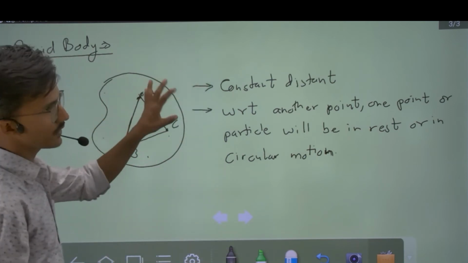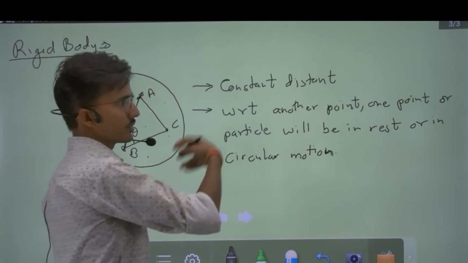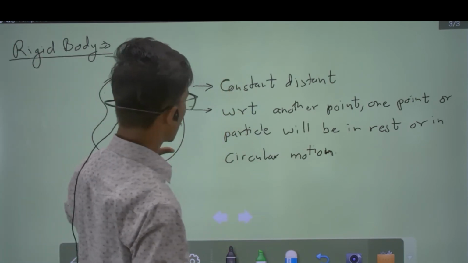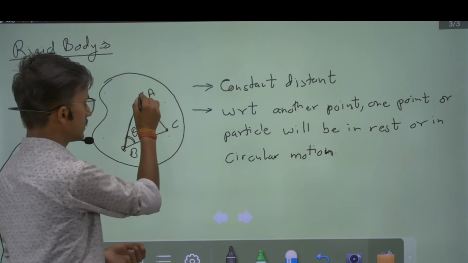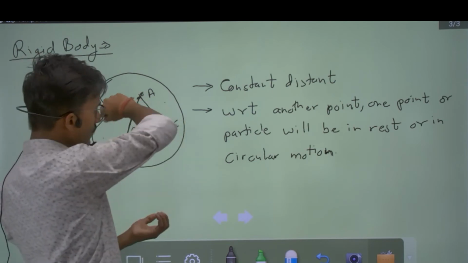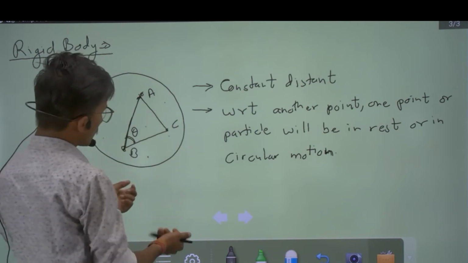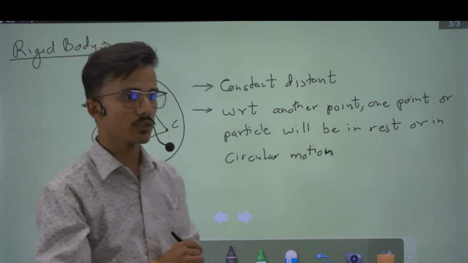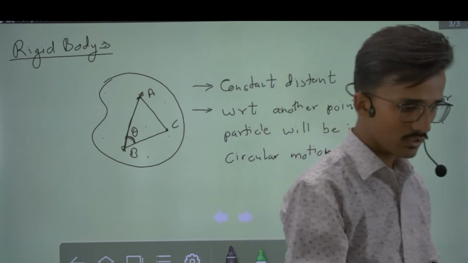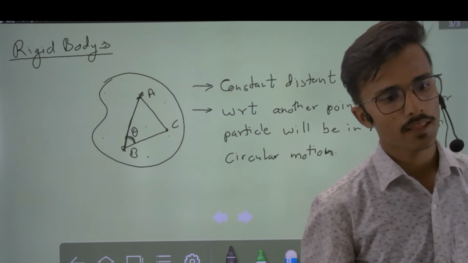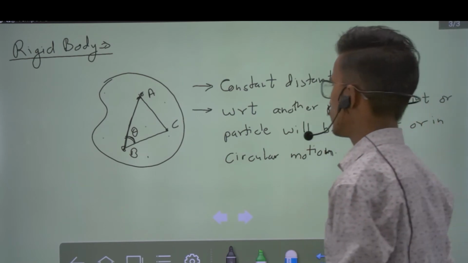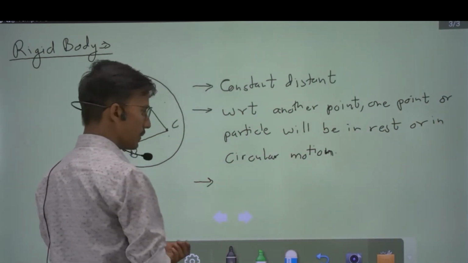Throw this body with angular velocity and some velocity, whatever happens, the angle between these 3 points will not change, because A is fixed, B is fixed and C is fixed as well. Even if you rotate it, the whole thing will rotate, so the angle between these 3 points will not change. So this is the third point: the angle between 3 points will always be the same.